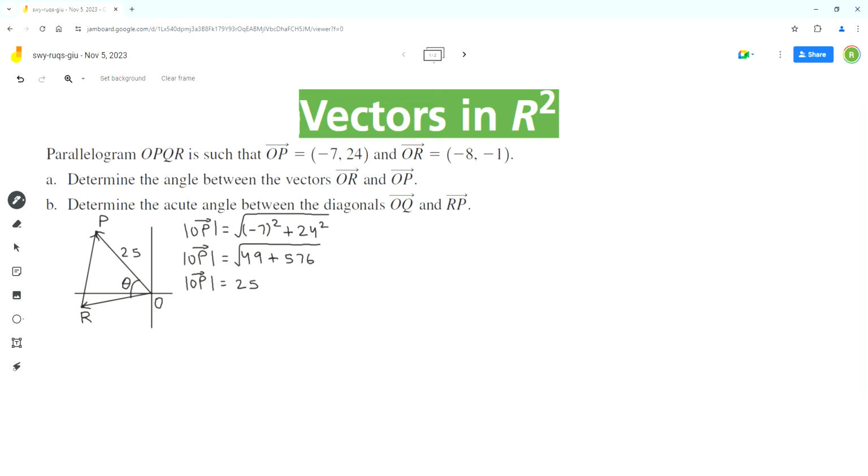Now we can find the length of side OR. So we get square root of 65, which is equal to 8.06. So this is the length of side OR.